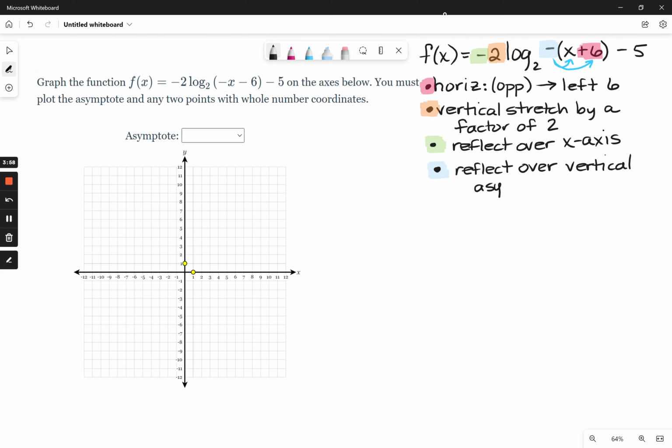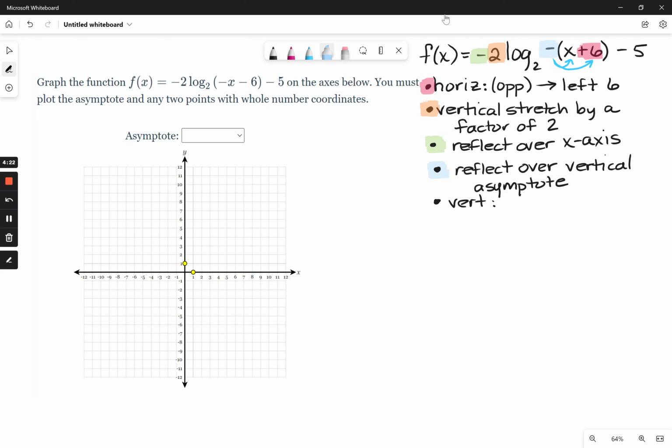Our logarithmic graphs have vertical asymptotes. So this is what the reflection is going to be. The first reflection was over a horizontal, which is our x-axis, and the other negative is a reflection over our vertical asymptote. And then we ask ourselves, for the last transformation, are there any vertical transformations happening?